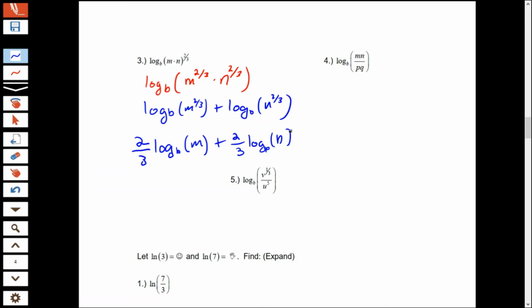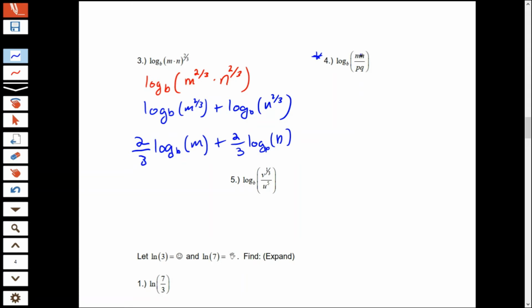Okay? Alright, so really quickly, I'm going to try and help you with some shortcuts, okay? So when we have a log that's as complicated as this in number 4, okay, we have multiple things in the numerator, multiple things in the denominator that are being multiplied, and so on. The way I think about it is anything in the numerator is going to be a positive log. Anything in the denominator will be a negative log.